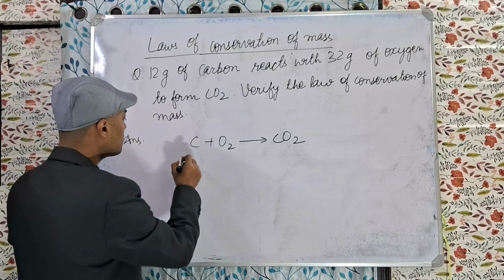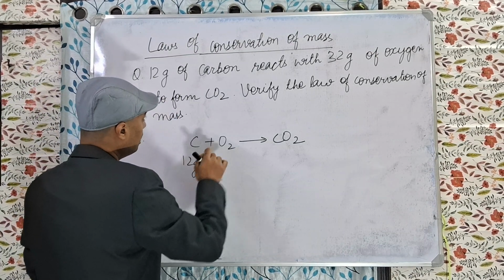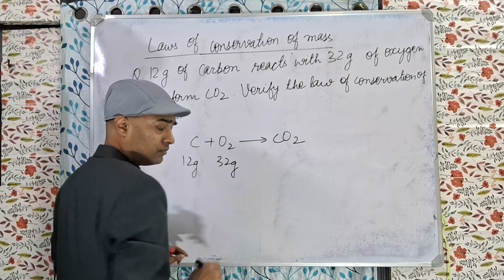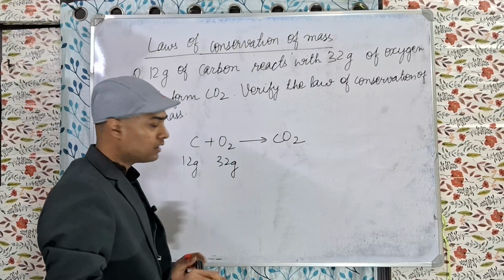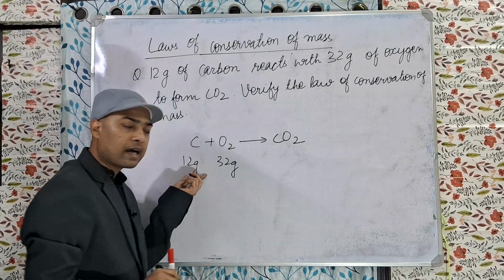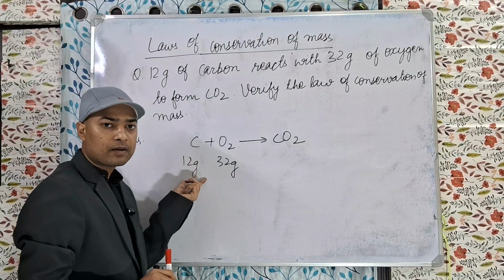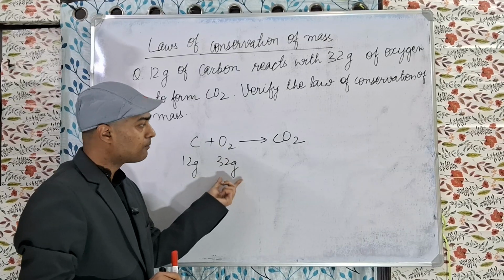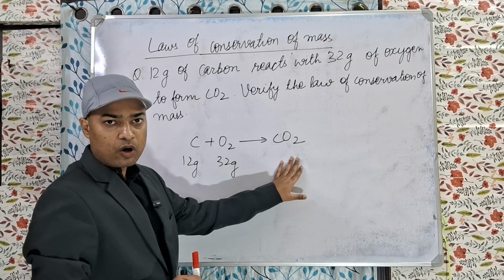Now, carbon is how much? 12 gram, and oxygen is how much? 32 grams. So what you can easily observe is that 1 mole of carbon has 12 grams and 12 gram is given, and 1 mole of oxygen is 32 grams, 16 into 2. So 1 mole of CO2 will also be formed.